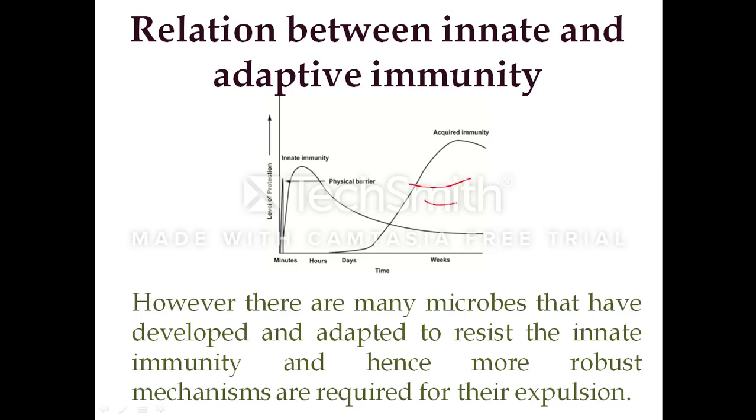It takes more time to establish in the host organism. It develops by constant exposure of the host cell to the same microorganism. However, there are many microbes that have adapted to resist innate immunity, and hence more robust mechanisms are required for their expulsion or removal.